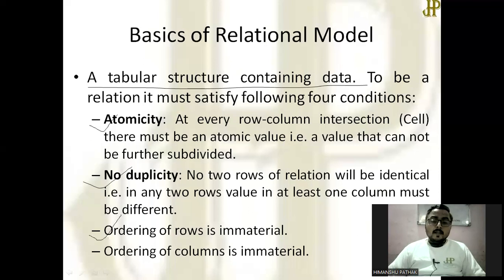When you created or inserted the data, and when you are fetching the data, there is a possibility that data did not arrive in the same way as you inserted. Okay. The same philosophy applies for columns.